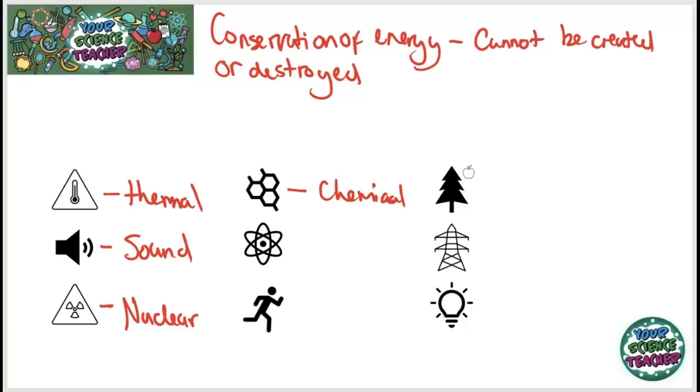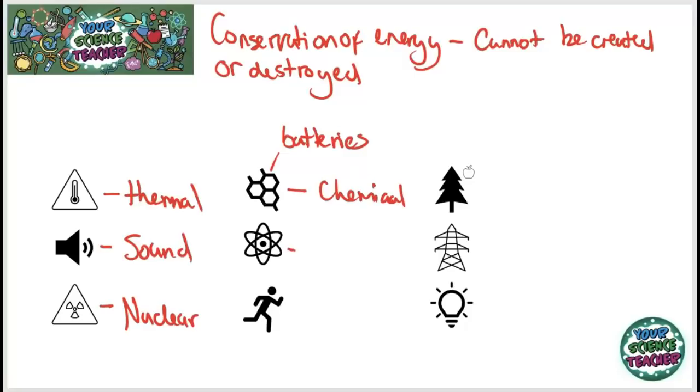For example, batteries are an example of chemical energy because it's chemicals that cause the potential difference, and that is then transferred to electrical energy. Also, we have chemical energy inside of us because when we eat food, it's chemical reactions, isn't it, that break down our food and turn it into energy.